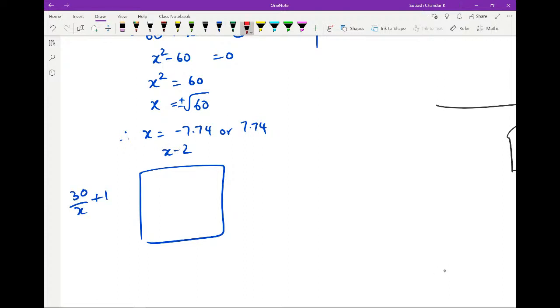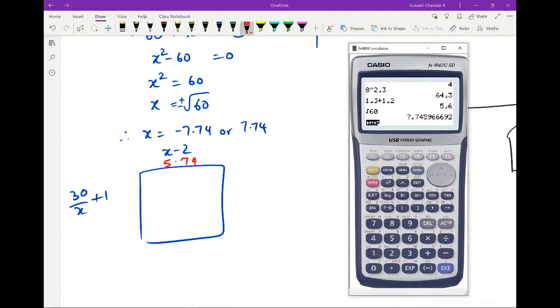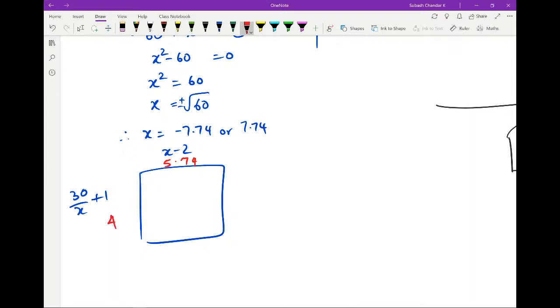So the dimension is going to be 5.74. And we've got 30 divided by the answer, plus 1, which equals 4.87. So that's our dimension for the new rectangle.